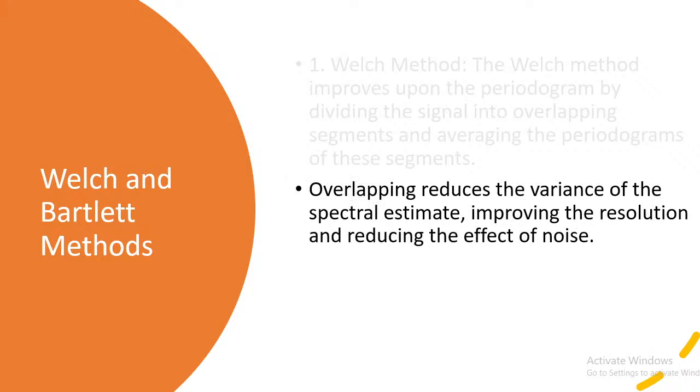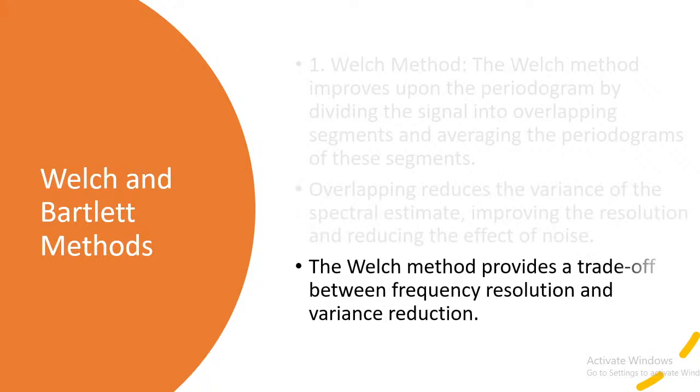Because of the overlapping, this will reduce the variance of the spectral estimation. So there won't be a high variance. Variance will be reduced because of overlapping of the segments, and ultimately it will result in reducing the noise effect.